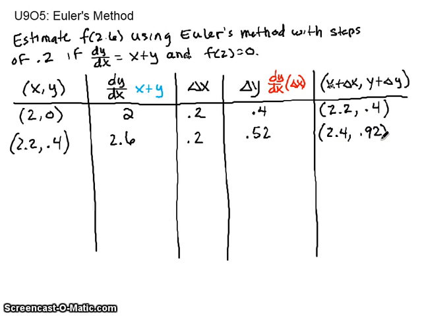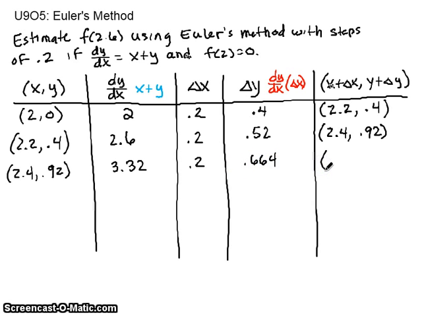We're not quite where we want to be. We want to be at 2.6. We're at 2.4 right now, so we're going to do it again. We're starting at 2.4, comma 0.92. If we find the slope there, we add those things together, we get 3.32. Our delta x in this case is always 0.2 because they tell us the change in x is 0.2. To find the change in y, we multiply dy dx by delta x and get 0.664.